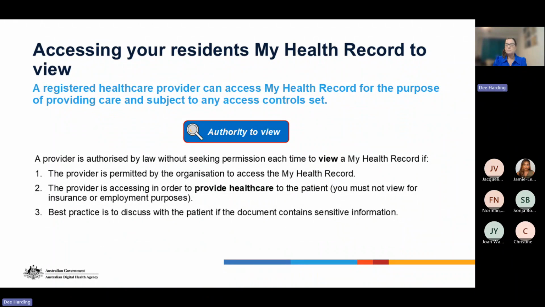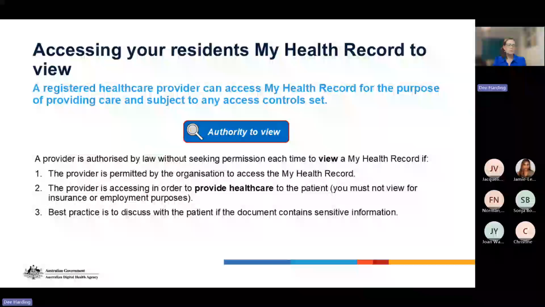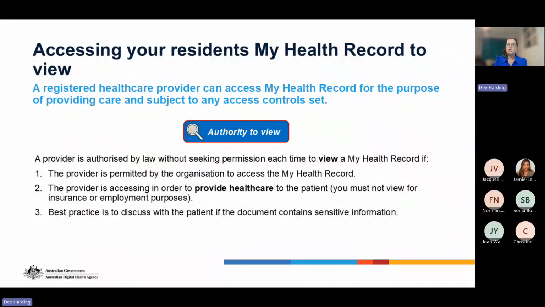However, there are other times when access may be authorised to look at the record. This may be when your resident is not physically present. So, for example, you may access their My Health record to check their discharge summary to determine any changes in their health condition based on previous test results post-hospital admission.